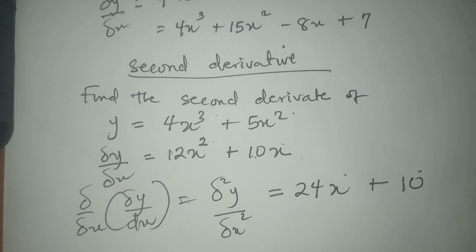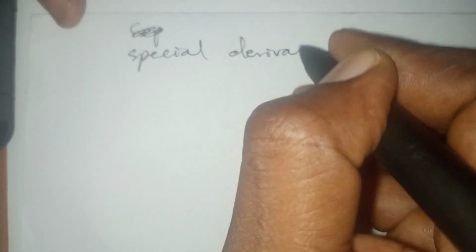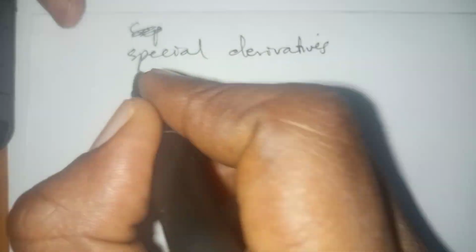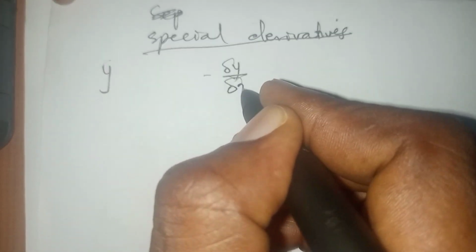All right, so let's look at some special derivatives. For example, let's say we have a particular function y, and the derivative is dy over dx.